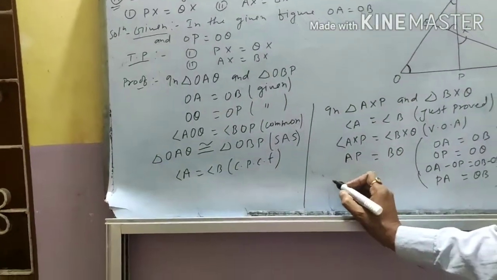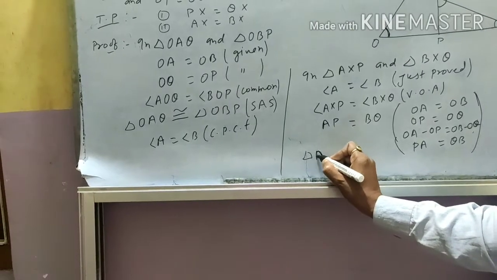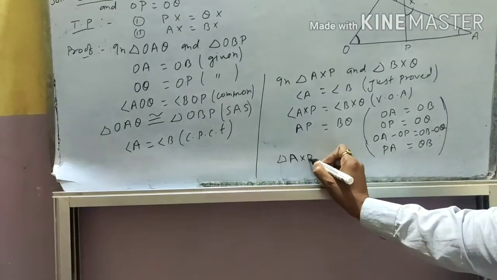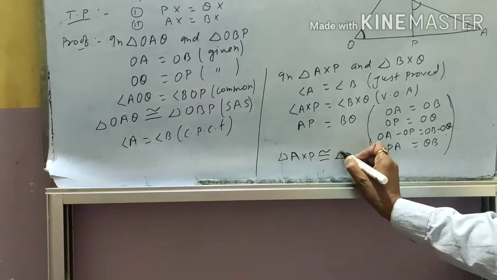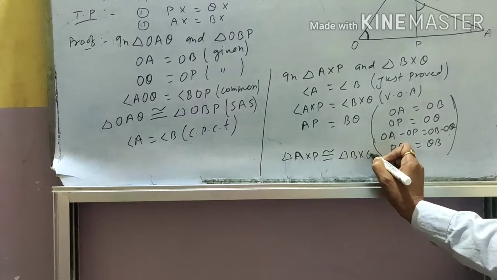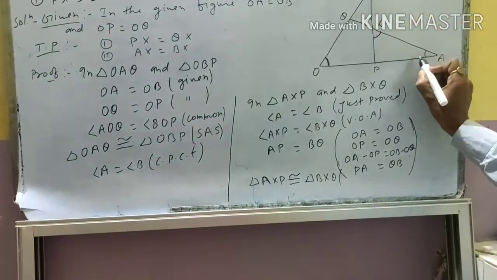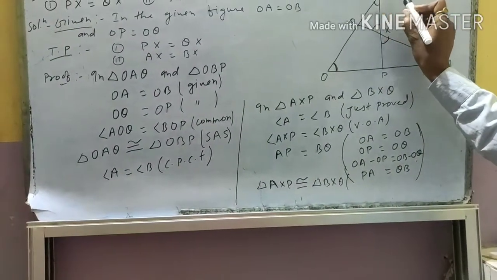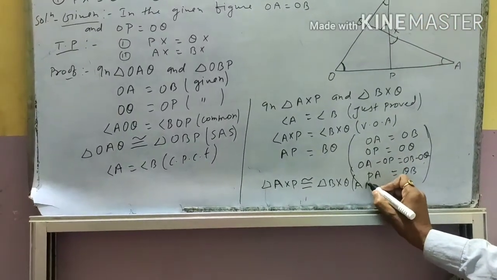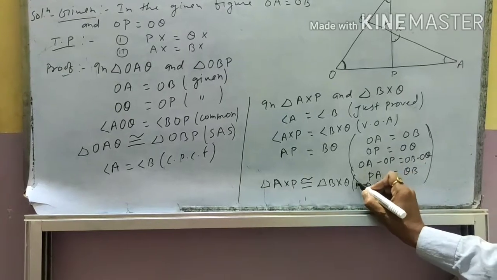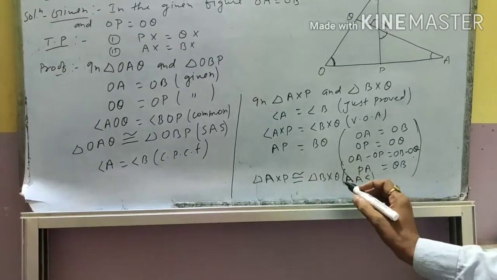So triangle AXP is congruent to triangle BXQ. The reason is angle side angle; these two triangles are congruent.